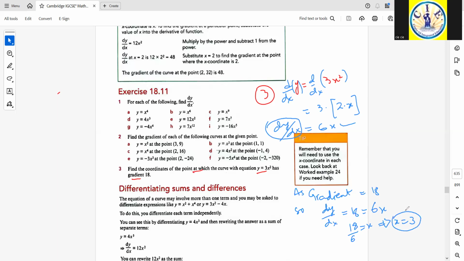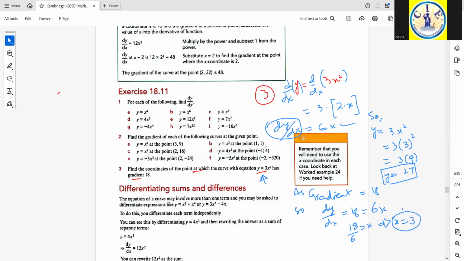When I've got the value of x, I need to replace this value of x back into the given equation to calculate the value of y. So y will be equal to 3x squared, 3 times 3 squared, that is 3 times 9, that is 27. So that is the value of y.